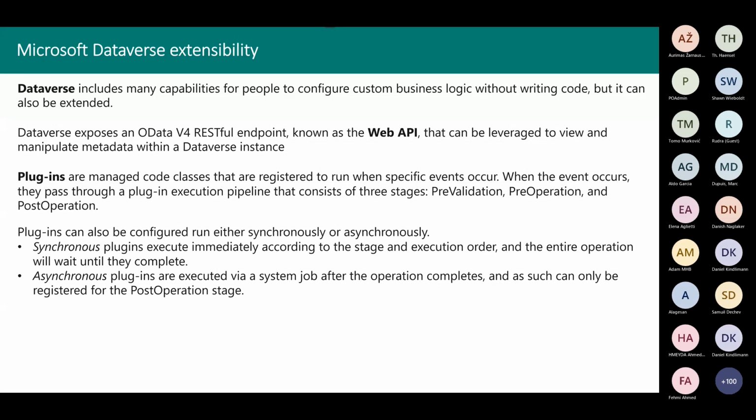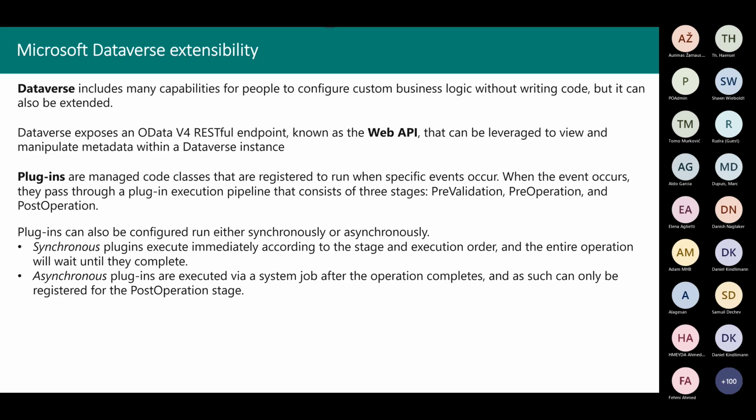Plugins in Dataverse can be configured to be executed synchronously or asynchronously. A synchronous plugin starts immediately according to the operation or event it is configured to react to. So it's something like a real-time execution, and the plugin engine waits until the plugin completes the execution.